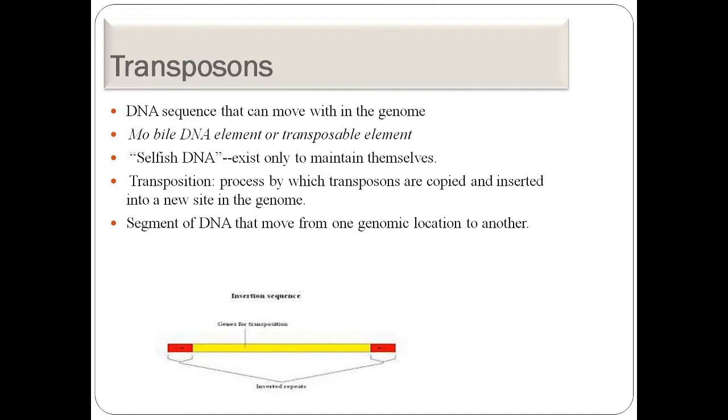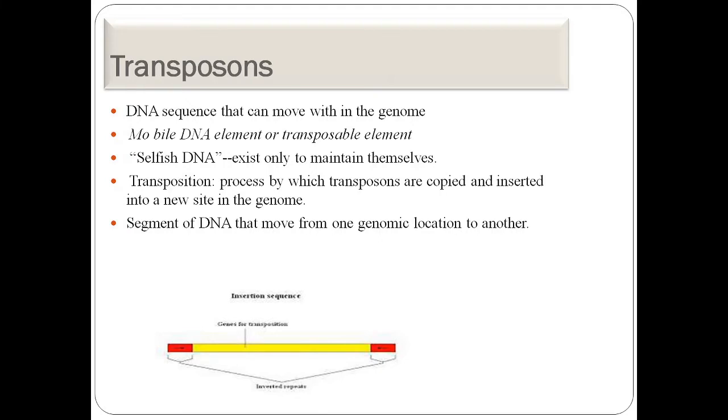So today, starting with the transposome, first, what is meant by transposome? These transposomes are DNA sequences which can change their position inside the genome. These are also mobile DNA elements, also known as transposable elements.